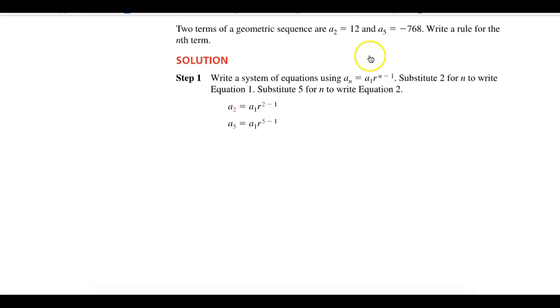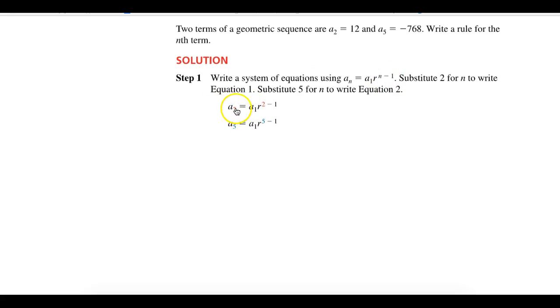So remember, this is our general rule, and we're going to substitute our second term and our fifth term into these two equations, and this is going to allow us to solve for a_1 and eventually solve for r and a_1. So let's go ahead and make two equations.